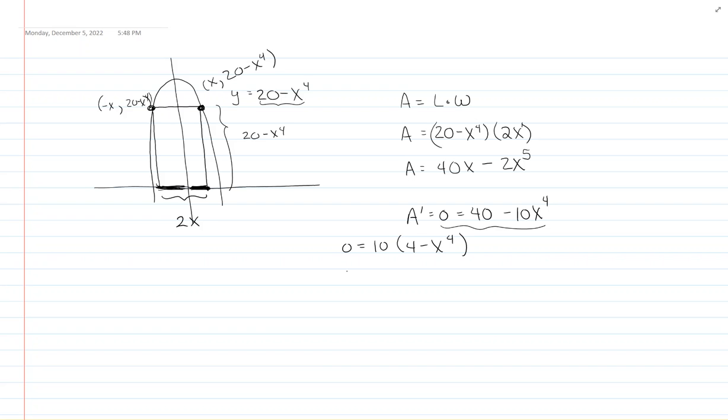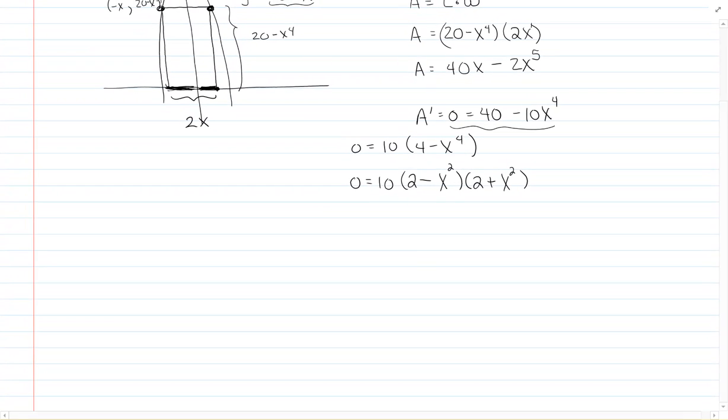Inside parentheses is the difference of two squares, because difference means subtraction. 4 is a square, 2 times 2, opposite signs. X to the fourth, x squared. Set each factor that has an x in it equal to 0, because you're trying to solve for x, not the number 10.